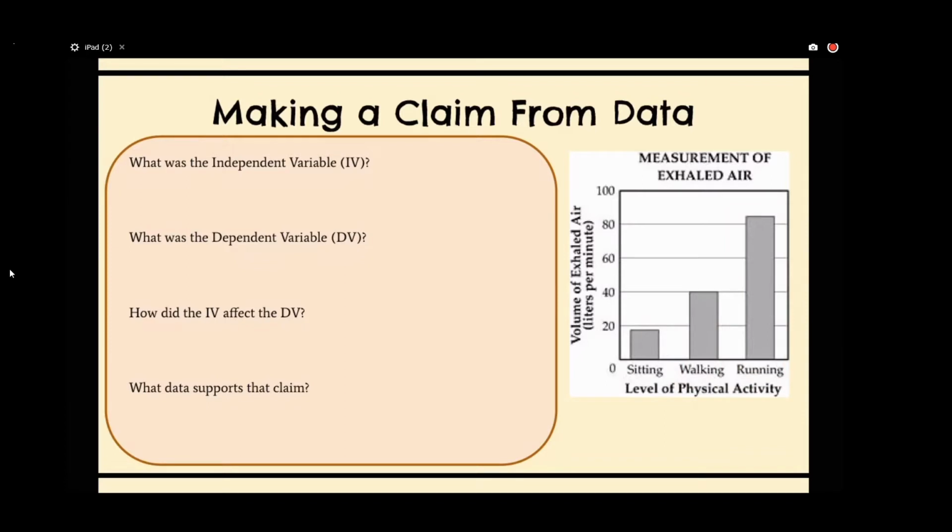Those who were sitting had a volume of 20 liters per minute of exhaled air. Those walking had 40 liters per minute. Those running exhaled over 80 liters per minute. So what changed between each group is the level of physical activity.